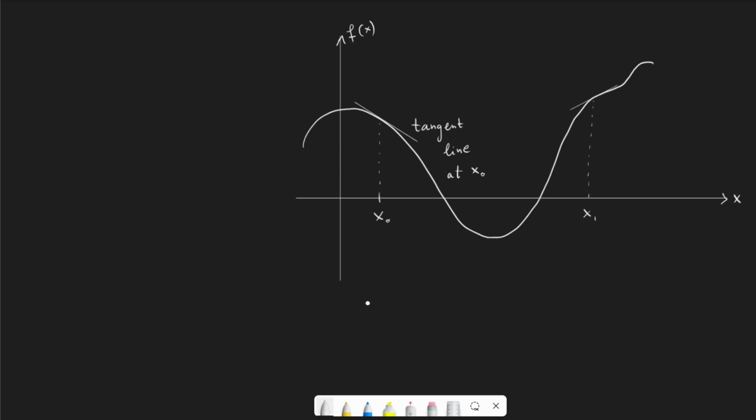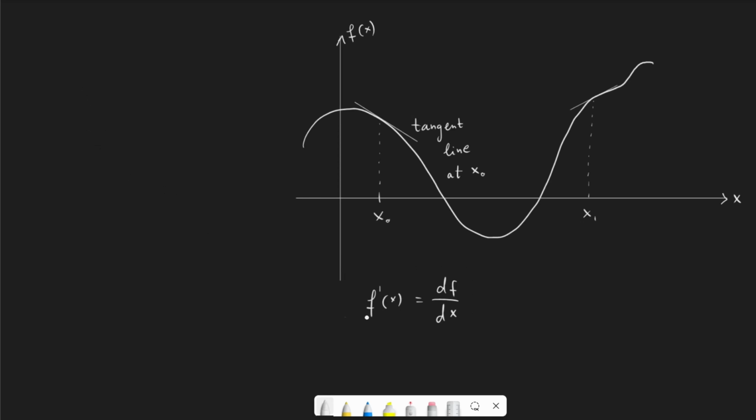And this is denoted by f prime of x. And also we can use df over dx. And this is logical if you think about this fraction, because this fraction gives us back the function value change over the independent value change, which means how much our function value changes over one unit change of x.